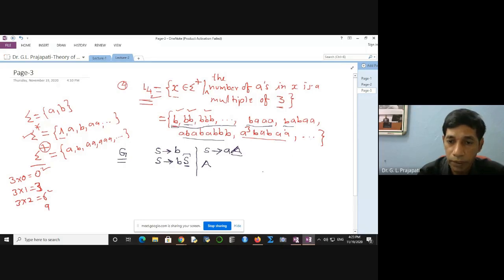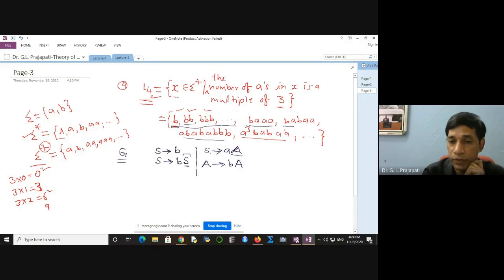For the case of A, again you have the same problem. A can start with b. If A starts with b, then the problem remains the same. You need to find the number of a's in this A, which is a multiple of 3 minus 1, because 1 has already been used.